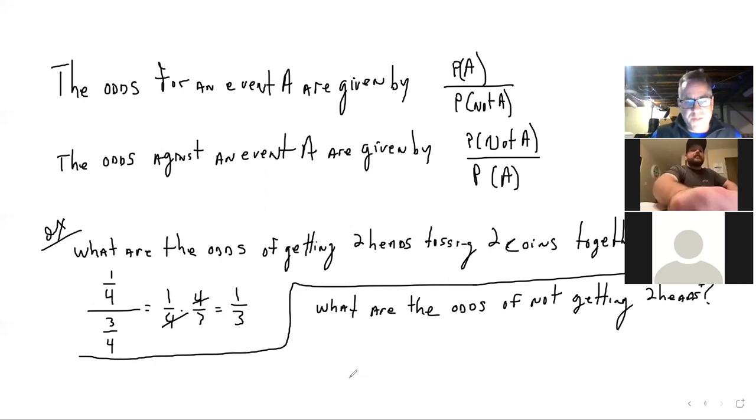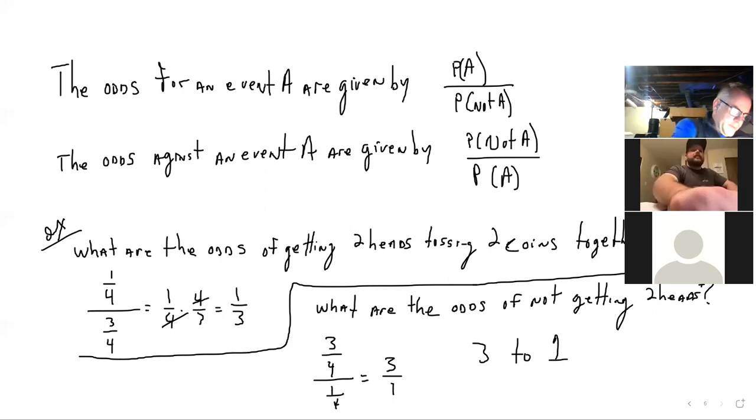Well, it's a flip of this. So that's going to be 3/4 over 1/4, which will equal, at the end of the day, 3/1. And so you would say, what are the odds of not getting 2 heads? 3-1. Your odds are 3-1.